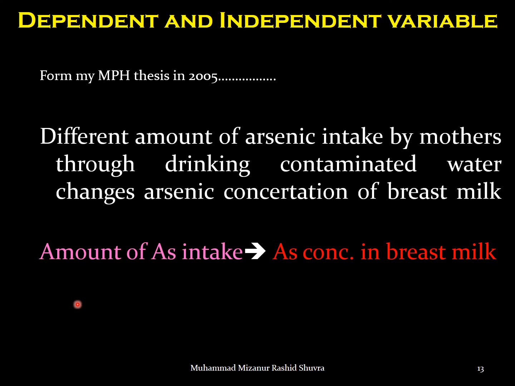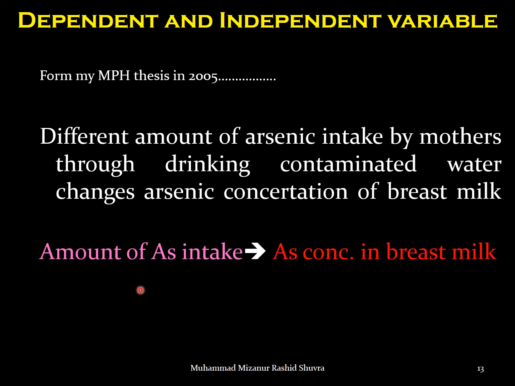So we have two things here: amount of arsenic intake, and, well, that's my hypothesis. Remember, we talked about hypothesis the other day, that there is a relationship with arsenic concentration in breast milk. That's what I'm assuming. So the amount of arsenic intake should be causing the breast milk arsenic concentration change.